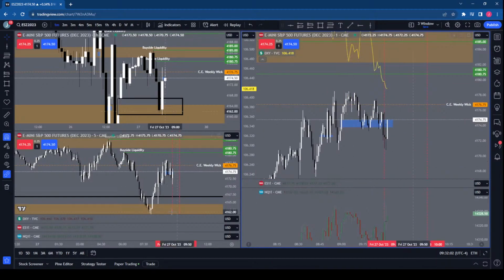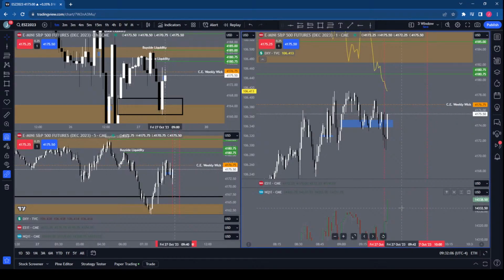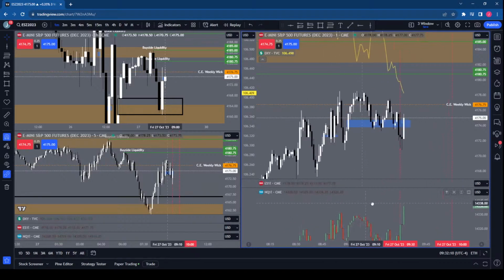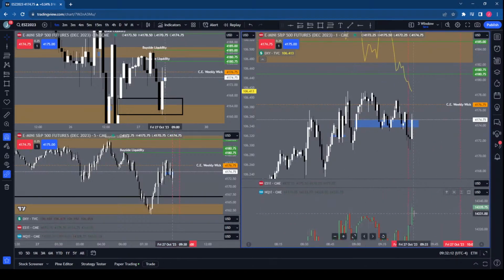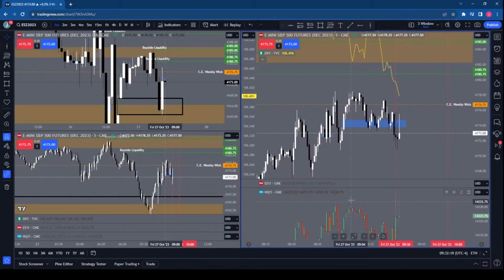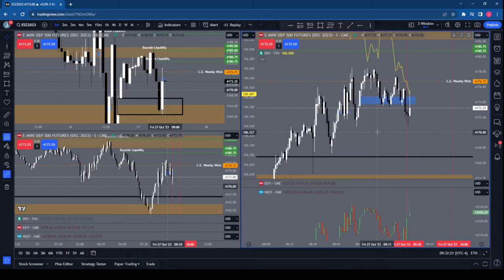But we'll continue watching. But this right here is something to note, that it is not signaling high probability trading conditions. And then you need to reflect on yourself and go, what is my ability as a trader?